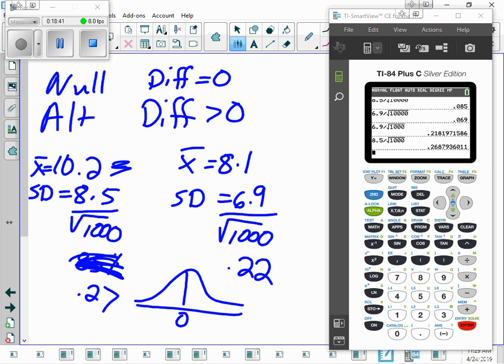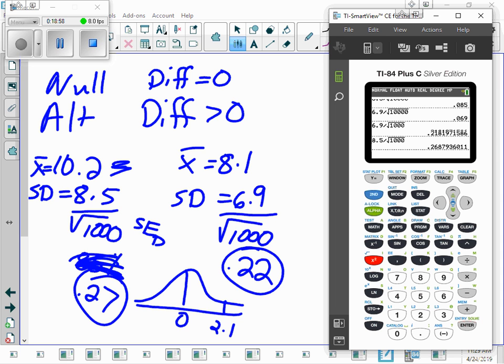And 10.2 minus 8.1 is 2.1. Now I need to find my SE for difference, which is going to be Pythagorean theorem on those. So the square root of 0.22 squared plus 0.27 squared, and we get 3.5 or 0.35.